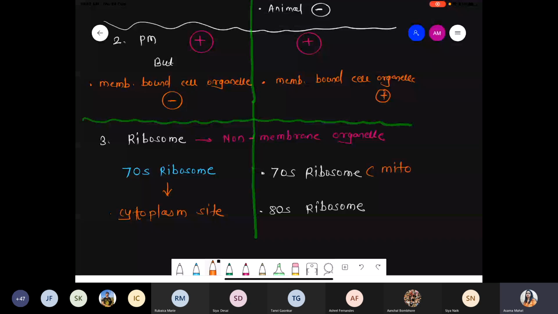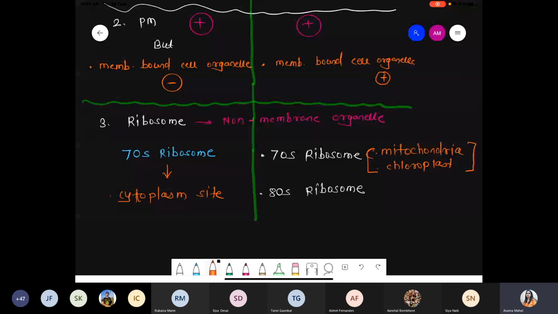So in the whole eukaryotic system, two examples, mitochondria and chloroplast, have 70S type of ribosome. When you talk about the 80S type of ribosome, yes, these are also present in the cytoplasm, as well as associated with rough ER, that is rough endoplasmic reticulum, RER.